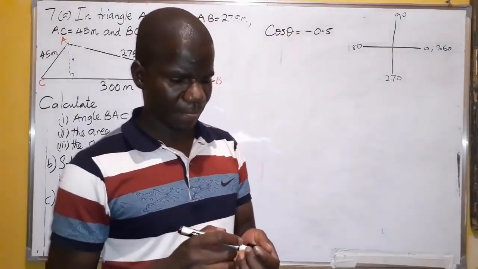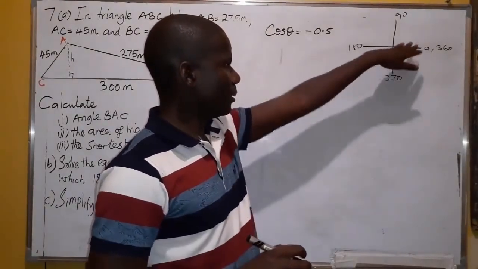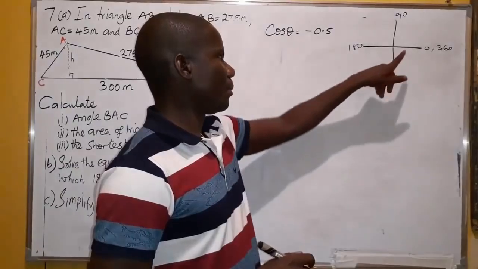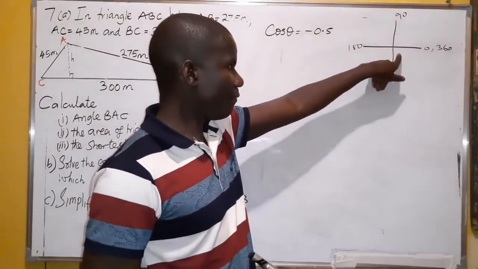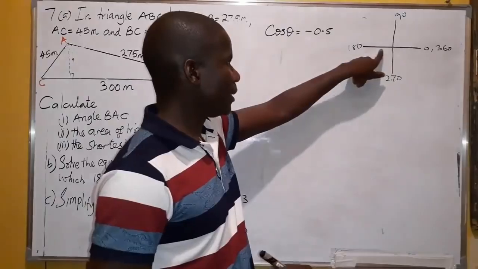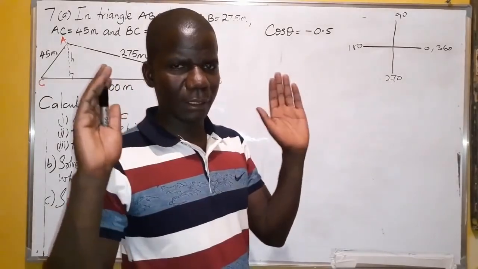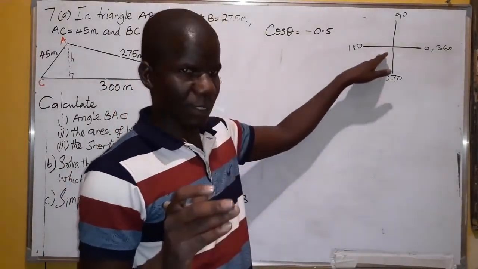Is that clear? So because of that, we get to discard the fourth quadrant because cos is positive in the fourth quadrant. So we want the value of cos in the quadrant where it is negative. As such, it is the third quadrant.